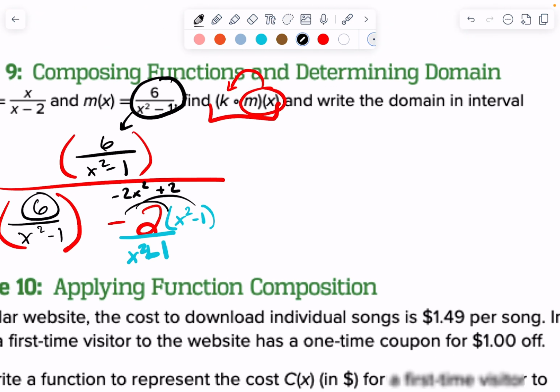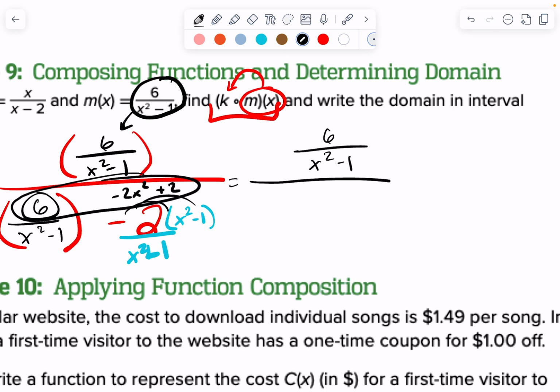So here's what I've got going on. 6 over x squared minus 1. And then on the bottom, if I combine these together, I'm going to put them in order: negative 2x squared plus 8 all over x squared minus 1. We did our common denominator thing and put them all together.